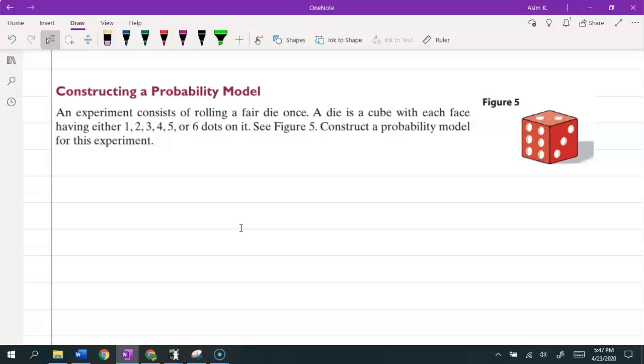Here is basically what we're looking at now. We have a fair die. If you don't know what a fair die is, there's a difference between a fair die and a loaded die.